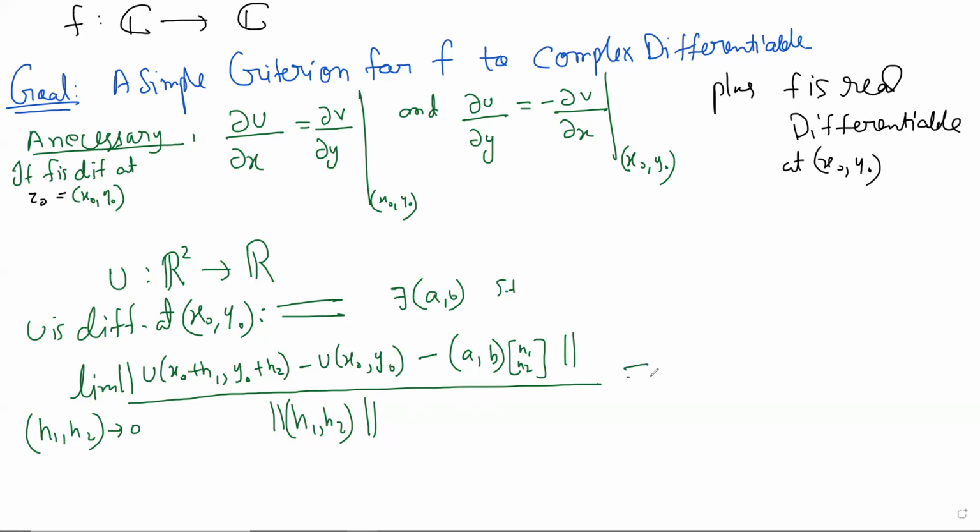This limit is 0. There should be some a comma b such that this limit is 0. Obviously, the a comma b is unique, and those are actually the partial derivatives. But this is the definition.